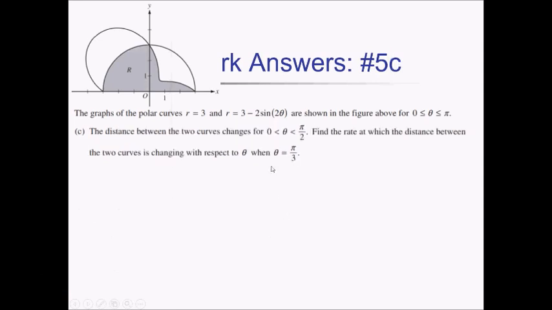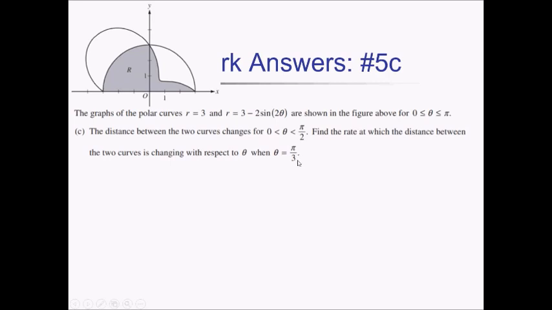For this problem part, they're telling us the distance between the two curves changes from 0 to pi over 2, so right from here to here. It changes in the other spot too, but this is the only part they care about. Find the rate at which the distance between the two curves is changing with respect to theta when theta equals pi over 3.